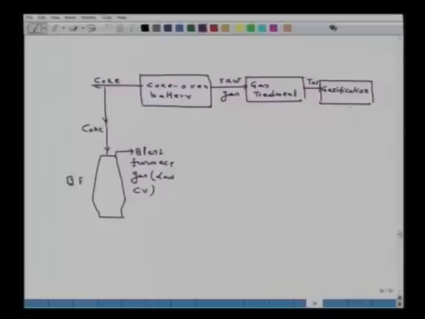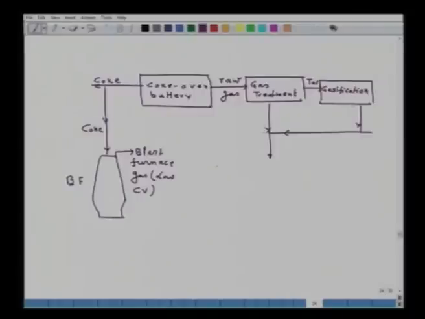Now then from this gasification, for the clean gas, one can take directly here, and from the gasification gas, this, and from here this.